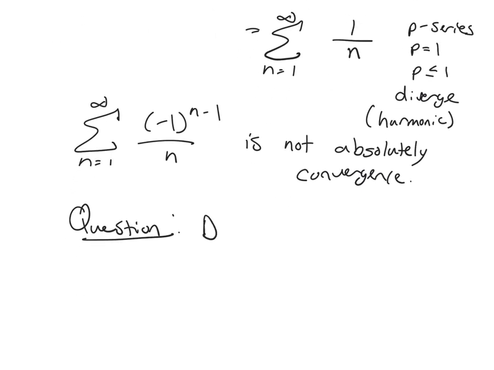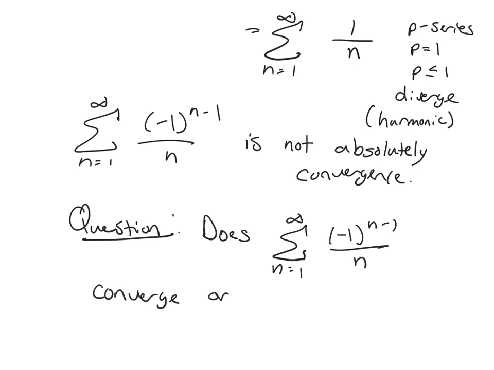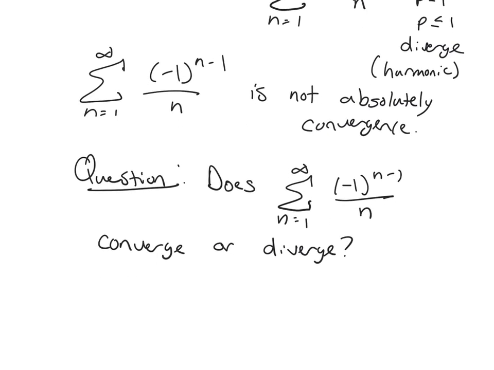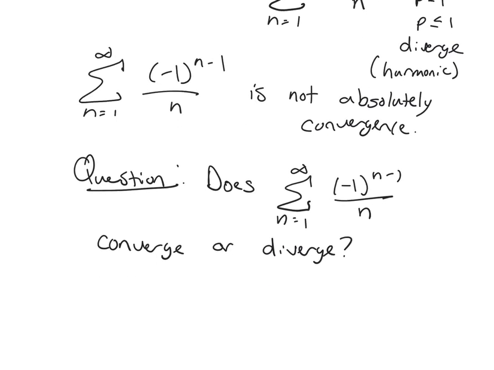Does this series converge or diverge? I know it was not absolutely convergent, but now I want to know, back to our regular convergence or divergence, does this series converge or diverge?